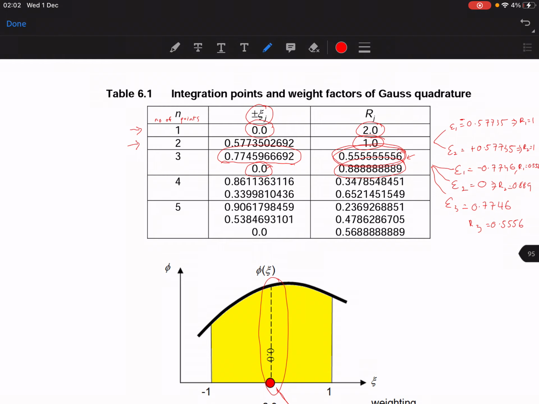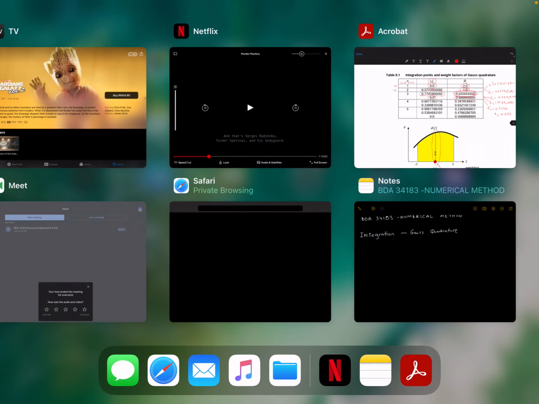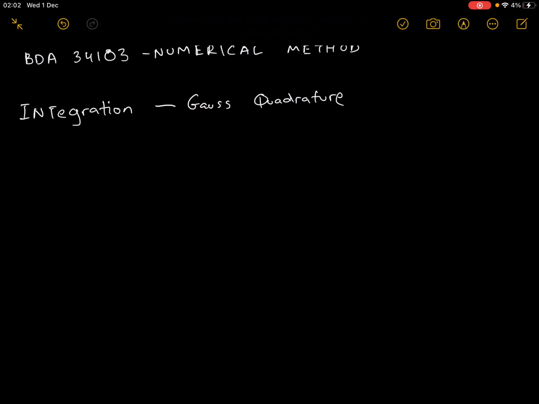Alright, let's look at an example in order to enhance our understanding of Gauss quadrature.